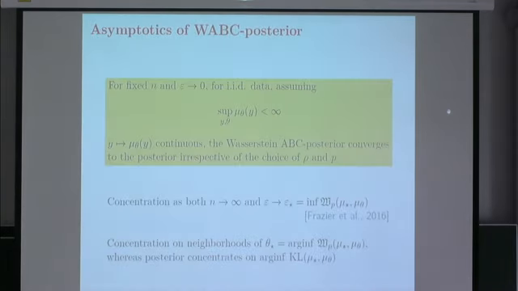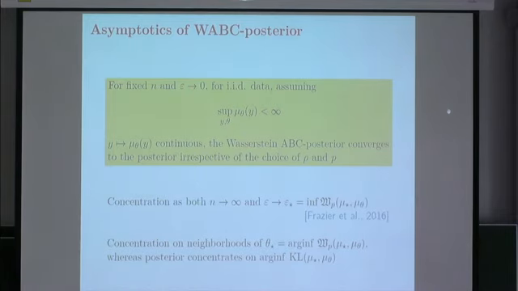Now, if I move to ABC and Wasserstein, again pushing epsilon to 0 when n is fixed, we do recover the true posterior, provided you use a true distance. That doesn't matter.